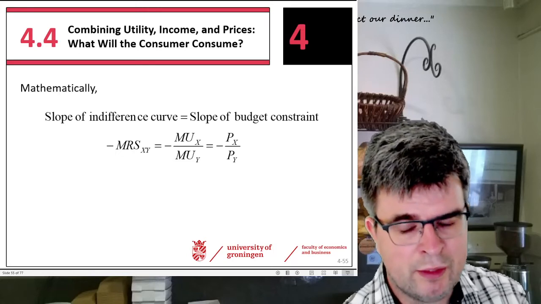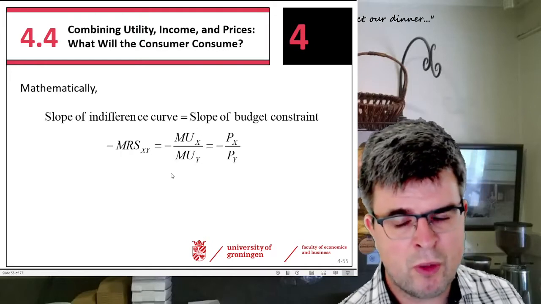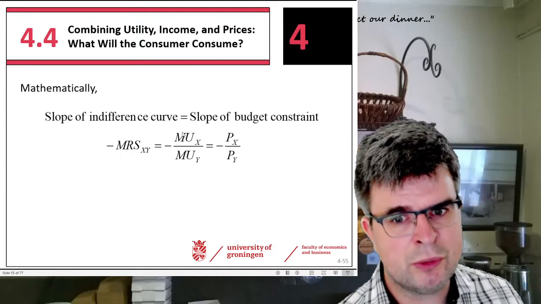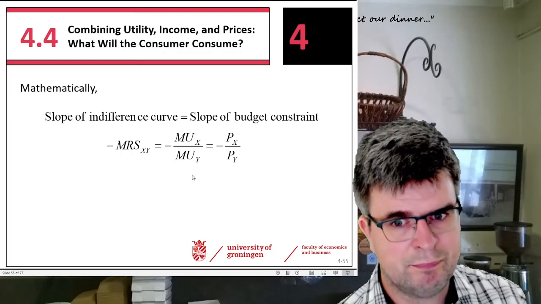So we have that at the equilibrium point, at the optimal bundle, the ratio of the marginal utilities of this consumer must be identical to the prevailing price ratio in the market.